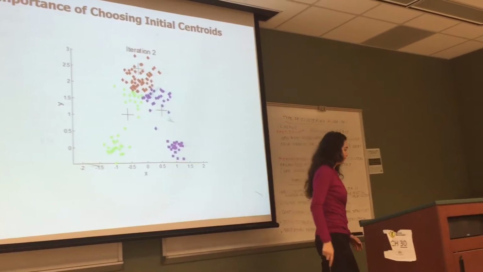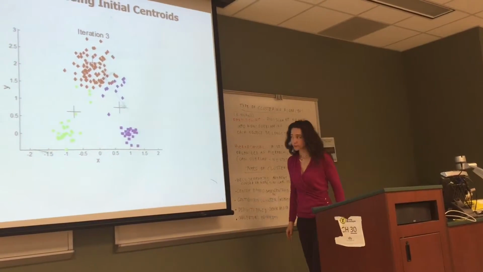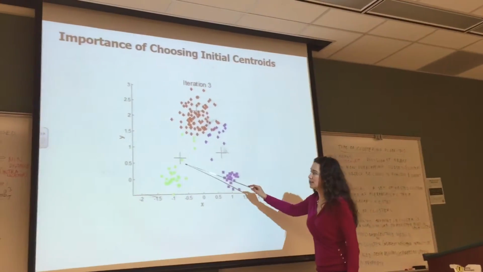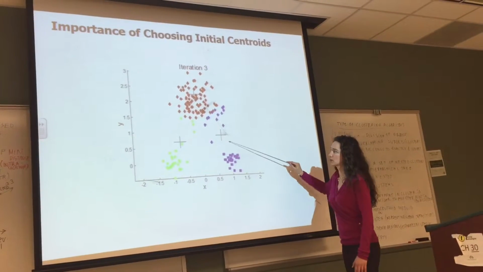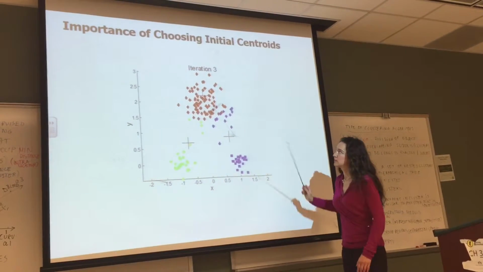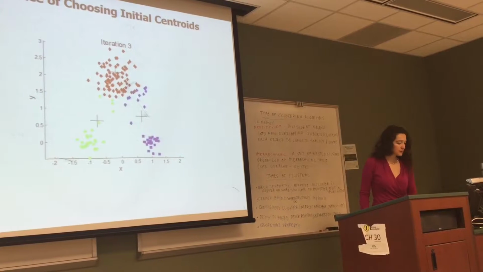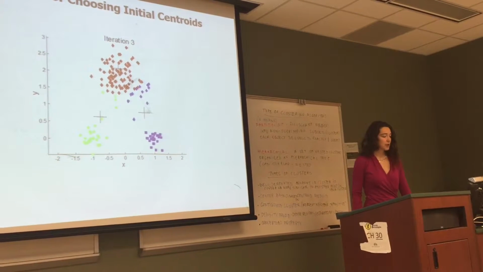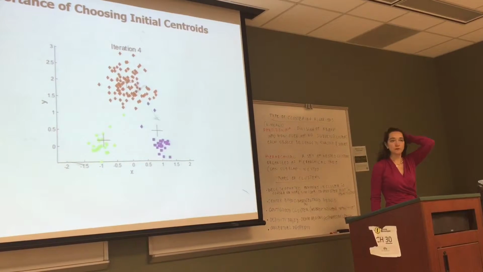They will keep adding the points that are closest to the particular center into that cluster. So this is iteration 3. As long as the centers keep changing, we're going to have more iterations.